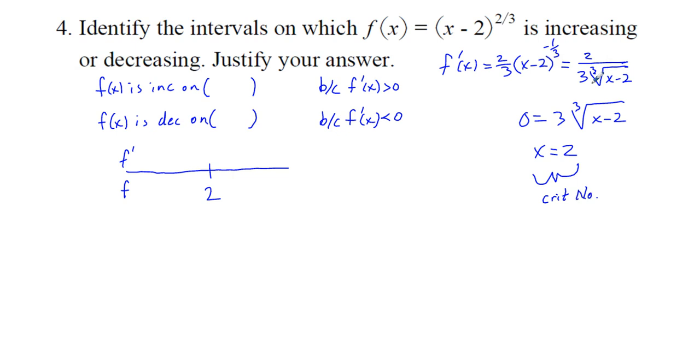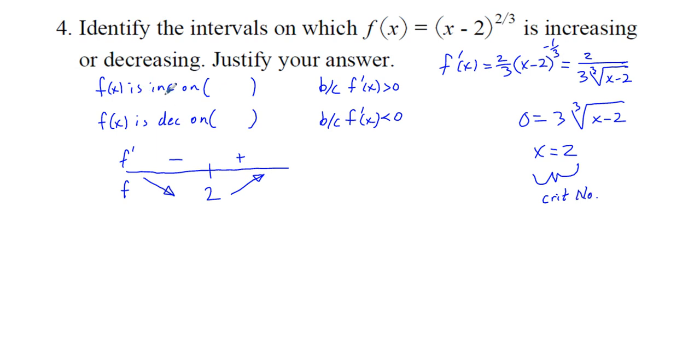Well, the cube root of negative 2 is going to be negative, so we know that left of 2, f is going to be decreasing, and if we put in a number bigger than 2 we would have a positive value here, and so there we are.